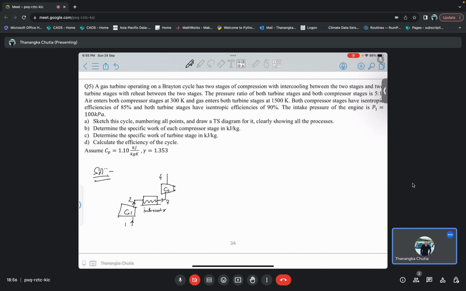Fine. After that, what happens? This is the combustion chamber, from 4 to 5. Now, once again, it is getting expanded in a turbine. After it is expanded in the turbine, it undergoes a reheater.